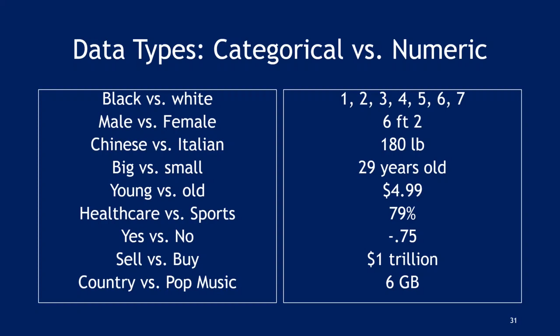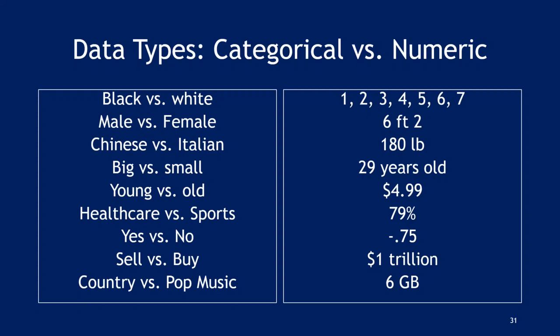One is not better than the other or bigger than the other. They're just different. Black is not necessarily superior or inferior to white. Male is not superior or bigger or greater than female. Chinese is not better in any particular way or larger than Italian. They're, again, two different things.